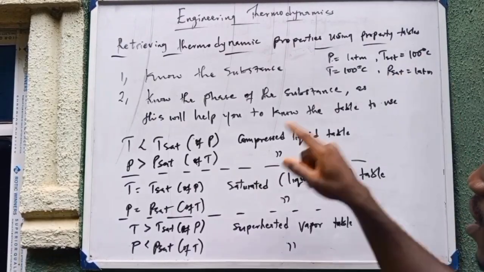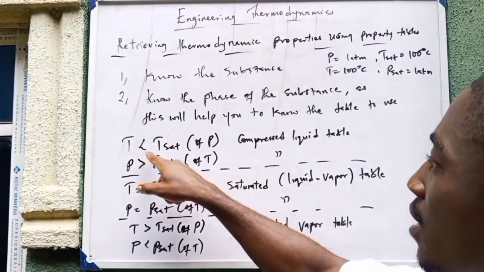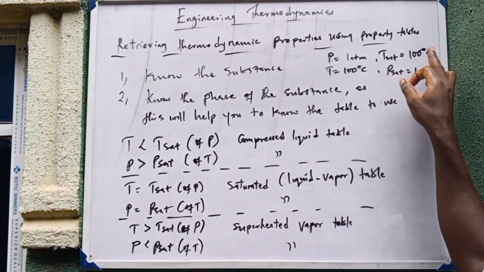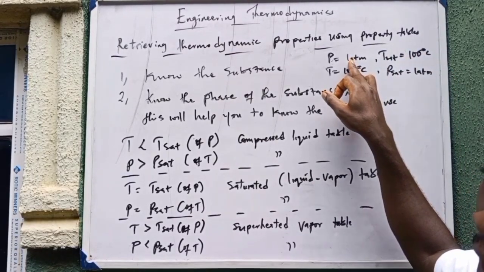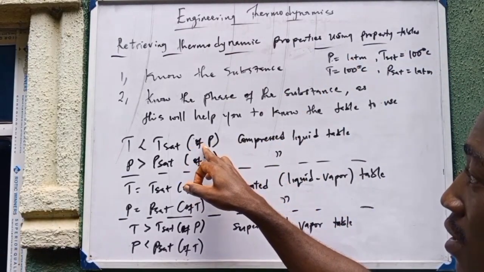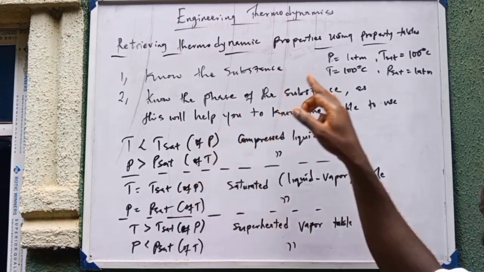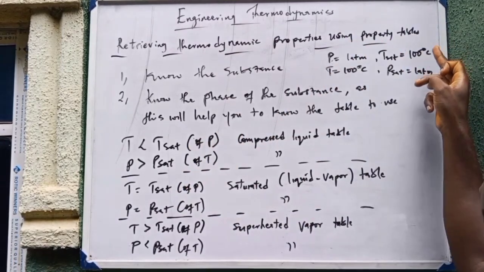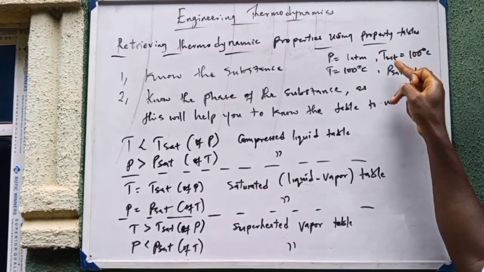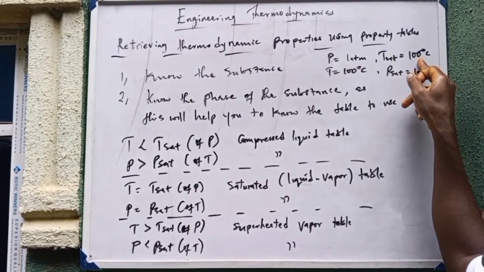Now we will check if our T is less than T sat. T sat is 100 degrees Celsius, if pressure is already 1 atm. Remember that we stated that this is for a particular pressure. So if we are working with a pressure of 1 atm, we now know that T sat is 100 degrees Celsius.